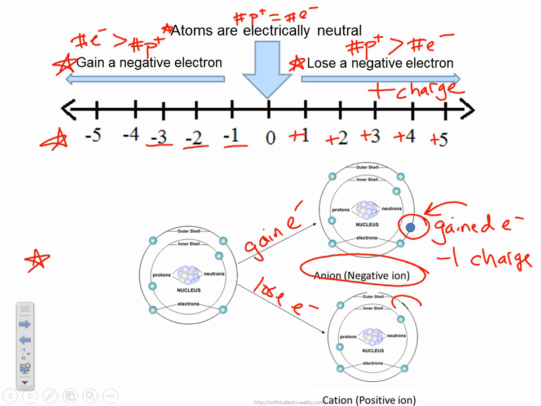There's this spot here that had an electron before, so this is a lost electron. So now there are fewer electrons than there are protons. There are a total of 5 electrons rather than the 6 that we started with. So this would be a +1 charge on the ion, right? This is a positively charged ion, or a cation.